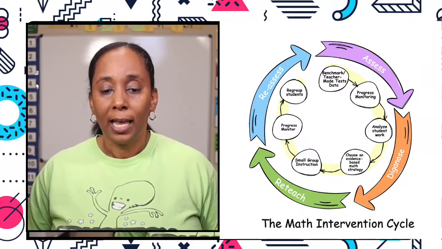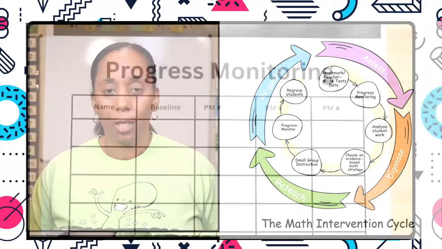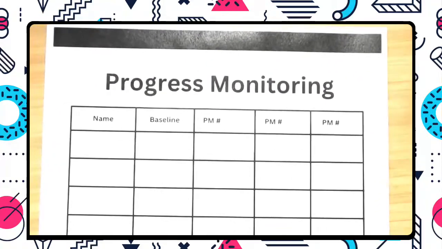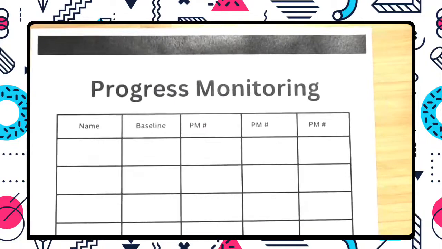So let me go ahead and go to this screen. This is the actual sheet that I use to progress monitor my students. On this progress monitoring form, I track their data.